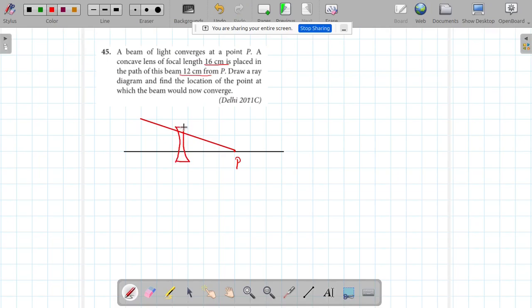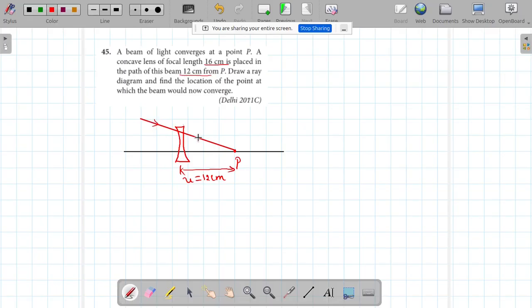Now what happens? By placing the concave lens 12 centimeter in front of P, this becomes the object distance for this particular point P.